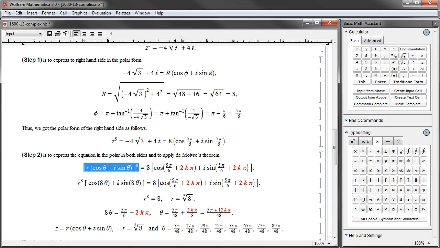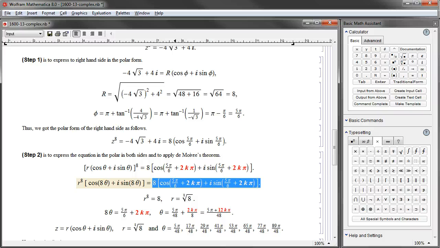This polar expression to the 8th power is equivalent to the polar expression of this right hand side we found, including 2k pi. And then if you apply de Moivre's theorem, we have this left hand side, r to the 8th power, and the angle with those 8 theta turns out to be the right hand side.